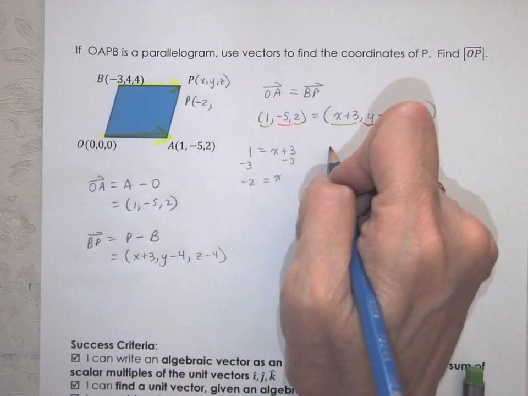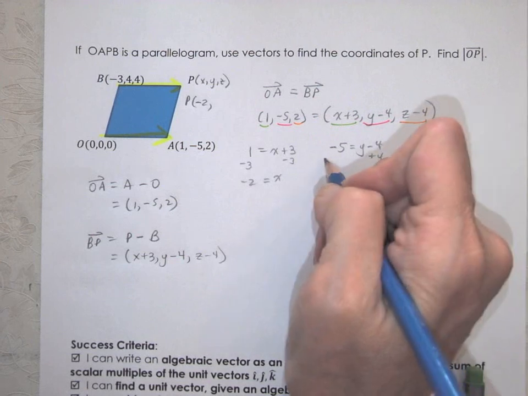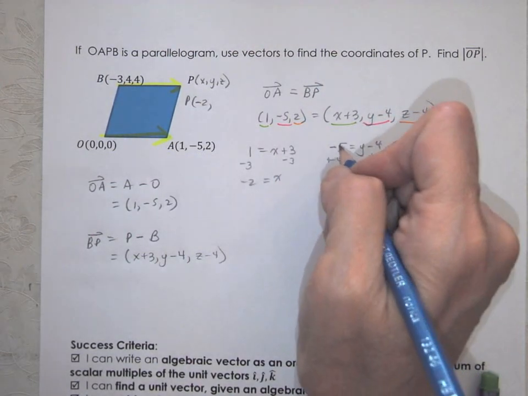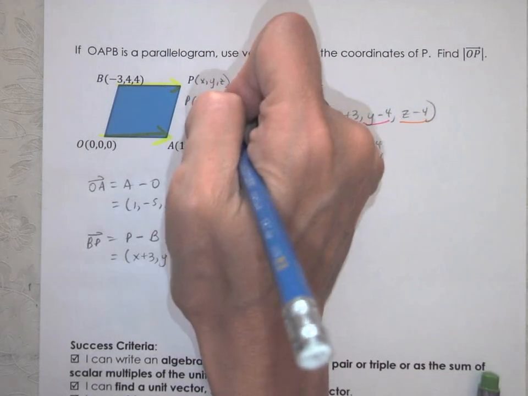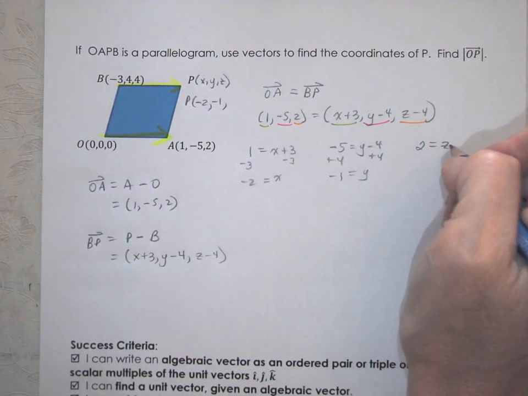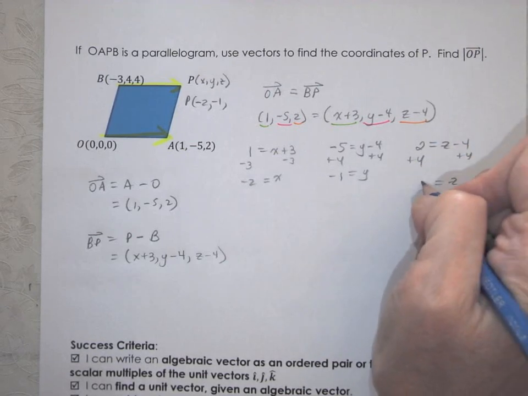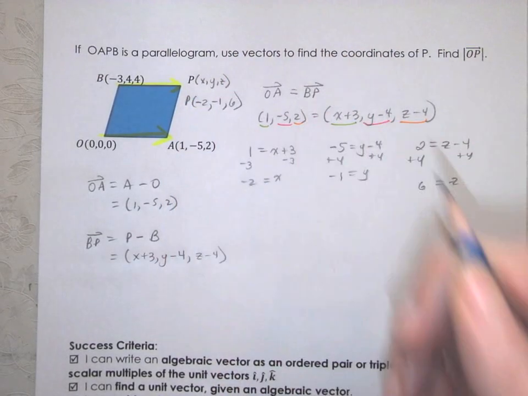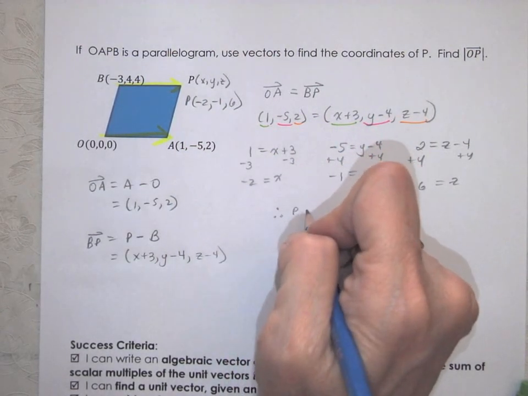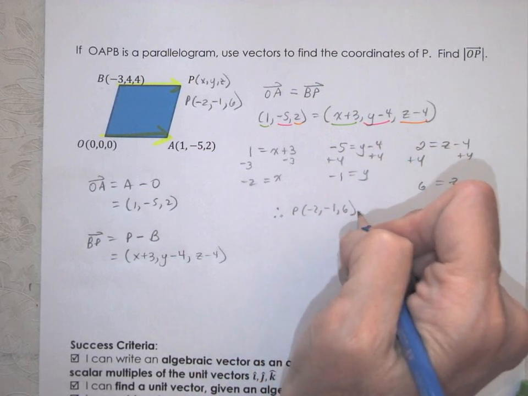We also know that negative 5 has to equal y minus 4, which tells us the y value of point P should be negative 1. And we also know that 2 has to equal z minus 4, which means z has to be 6. So we now know point P. Therefore, point P is negative 2, negative 1, 6.